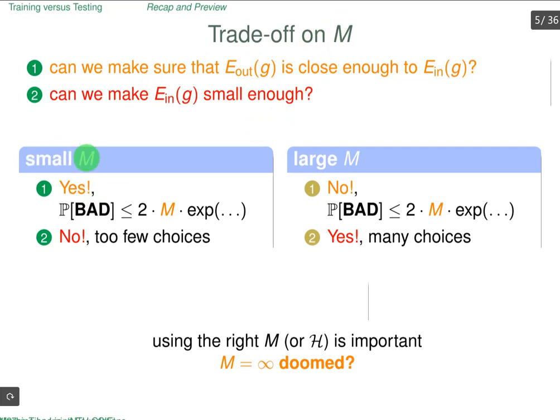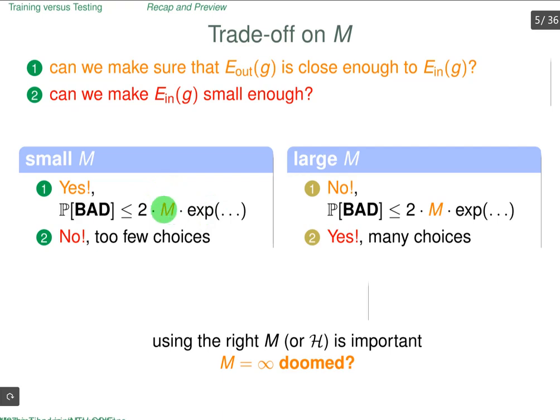If we have a limited number of hypotheses, the answer to the first question could be yes. We can make sure that out-of-sample error is close enough to in-sample error using the extended version of Hoeffding's inequality. Why? Because on the right-hand side of the inequality, the probability of a bad event, where the difference between out-of-sample error and in-sample error exceeds some epsilon, is upper bounded by 2m times an exponential.